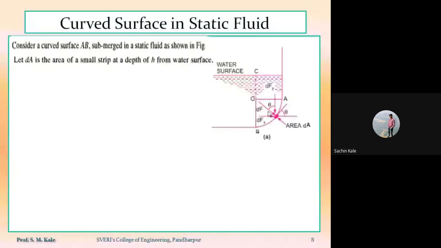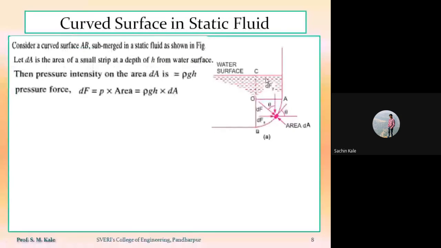So here we have considered a small elemental strip which has the area dA, at a depth h from the free surface of the water. As this area dA is at a distance h from the free surface of the liquid, the pressure intensity acting on the area dA, according to the hydrostatic law, will be equal to rho into g into h.